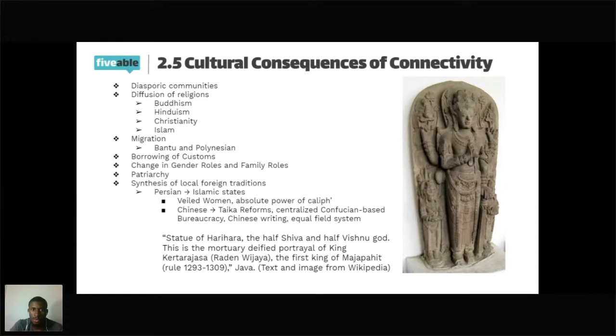So that's one cultural consequence of connectivity. Next, you have the diffusion of religions such as Buddhism, Hinduism, Christianity, and Islam that were a consequence of connecting these trade routes. Next, you have migrations such as the Bantu migration and Polynesian migration that were a result of these new trade routes that were being formed at the time.